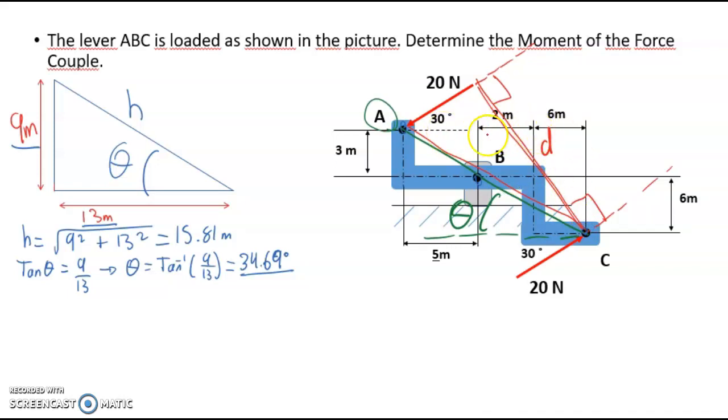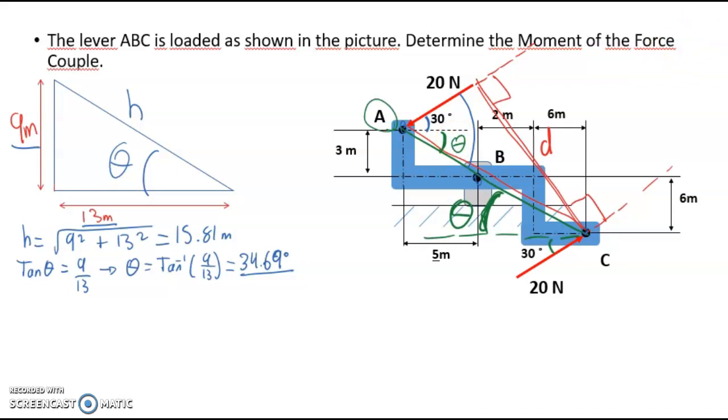And not only that, we can get the value of this angle. By similarity, this angle right here is going to be composed of 30 degrees, which is this one right there, plus this angle right here. I know 30 degrees corresponds to this part too. That means that this section right here is also theta.